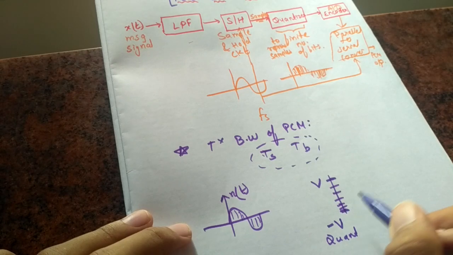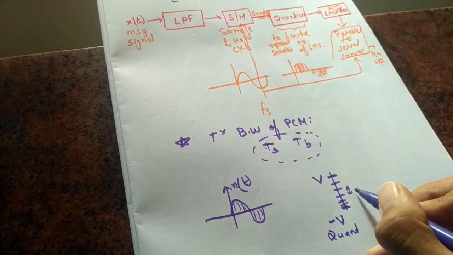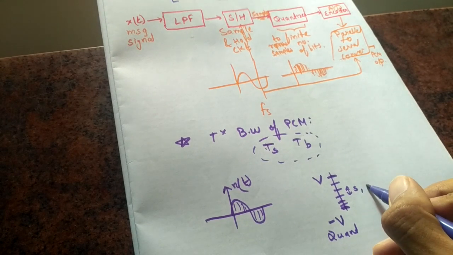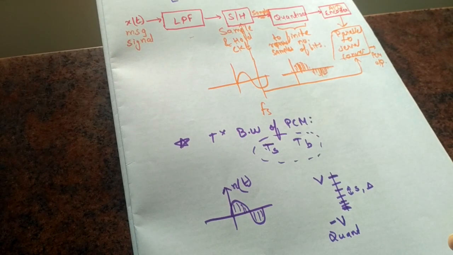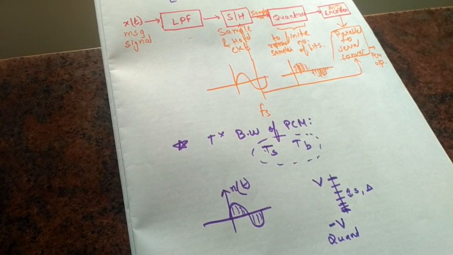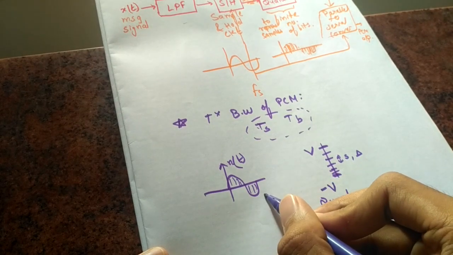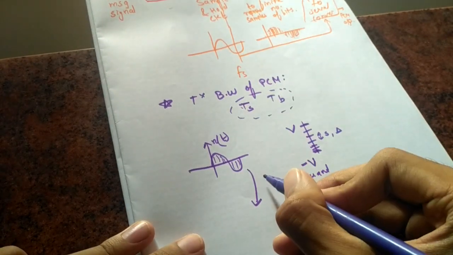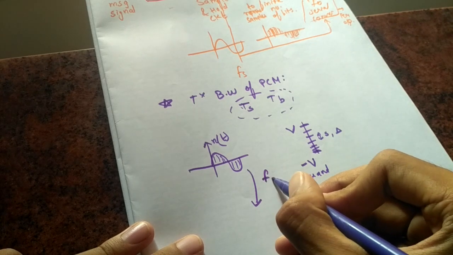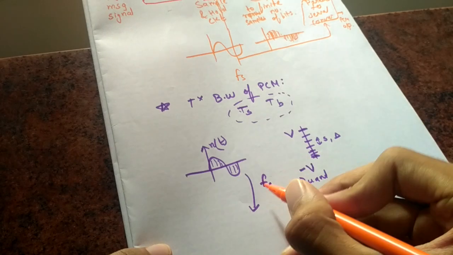There will be some levels of the quantizer, and obviously some suitable step size denoted by S, or delta. Now let's say this signal is sampled at the sampling rate fs. This is the sampling rate.